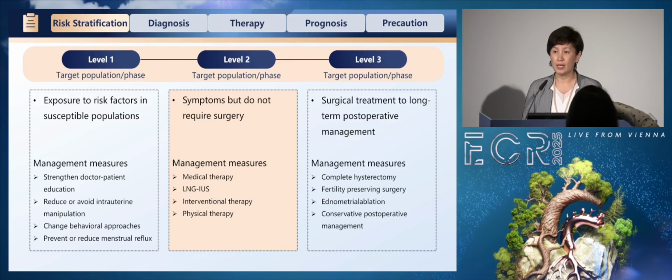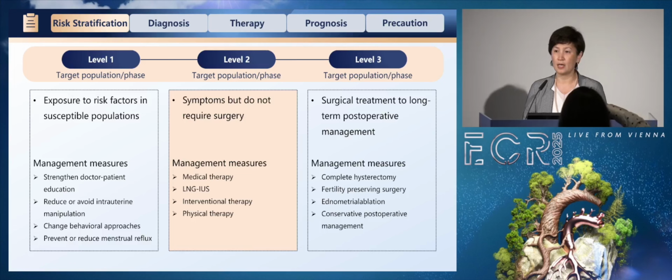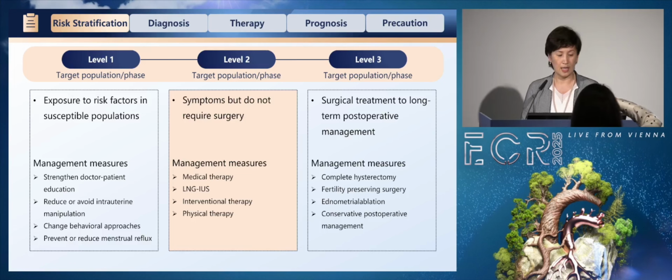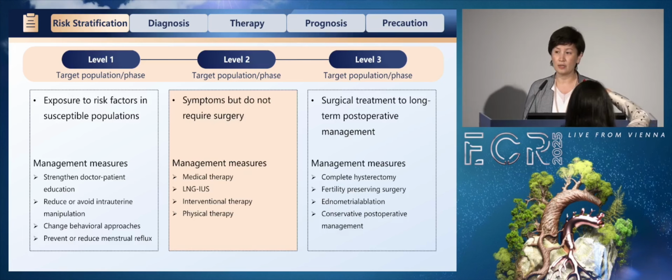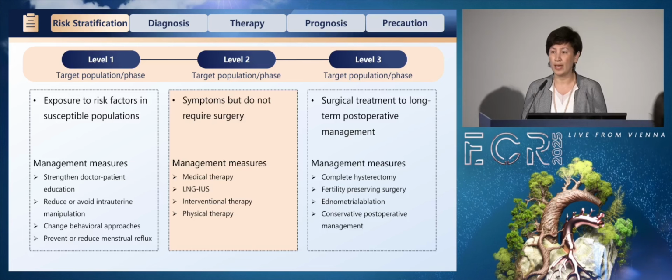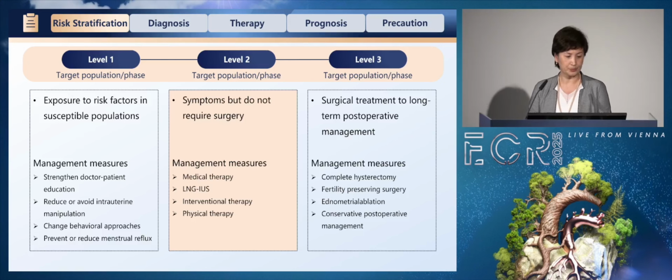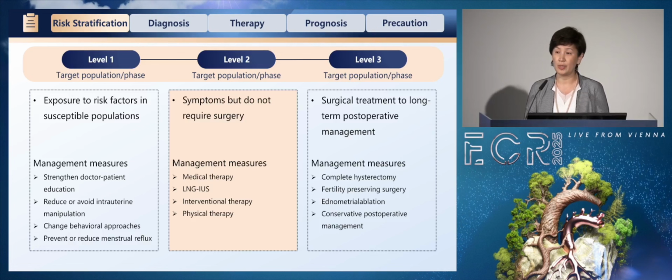But adenomyosis is a special disease, and the diagnosis of this kind of disease is not sufficient. Different levels need different management. For example, at level 1, the target population is those exposed to risk factors in the susceptible population.